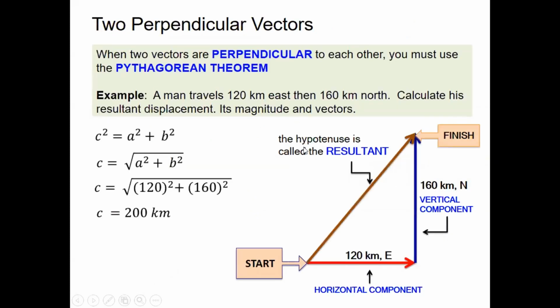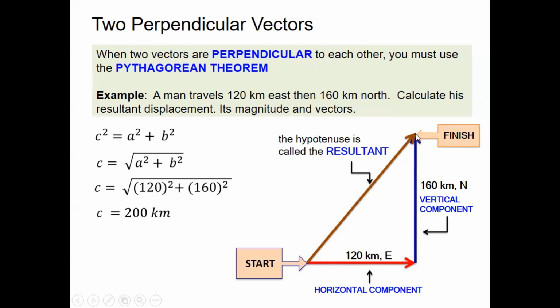If there are two perpendicular vectors that are really having a 90-degree angle here, then we can use Pythagoras theorem, and we can reach the results. So for example, the starting point is this, and a man travels 120 kilometers towards east, and then at this position he starts going towards north, 160 kilometers towards north.